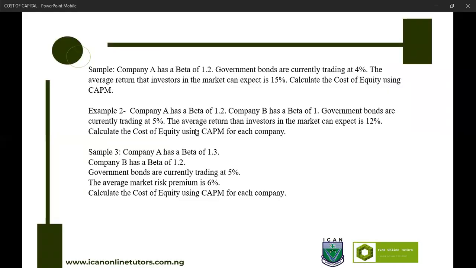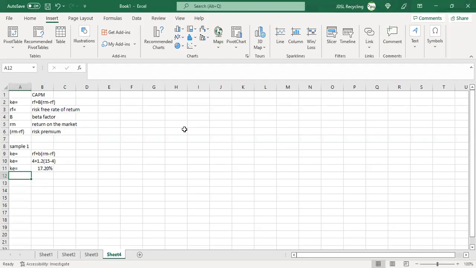We are told that the government bonds are currently trading at 4%, and the return on the market is 15%. So if we use it directly like that, all the information we are going to be using must be in the same form, and your final answer will be stated as a percentage.